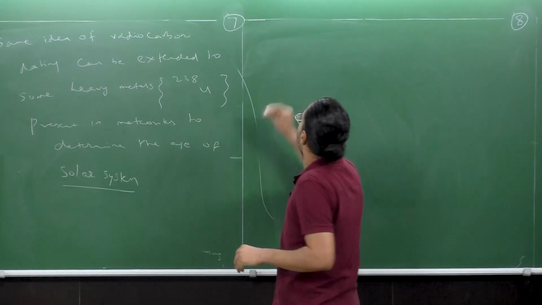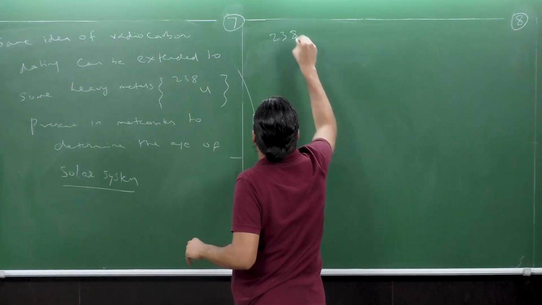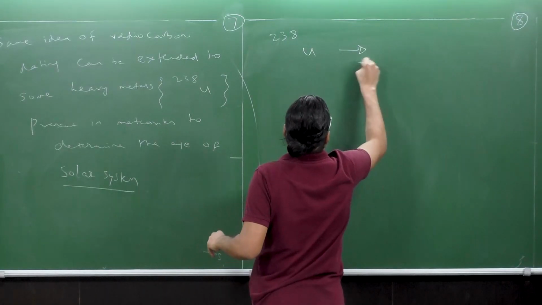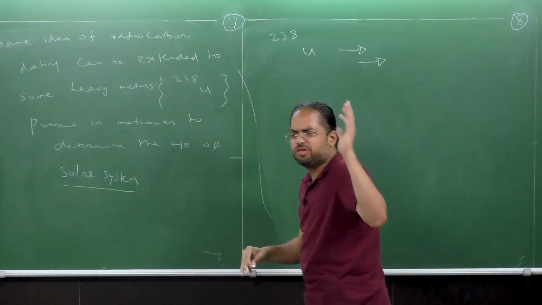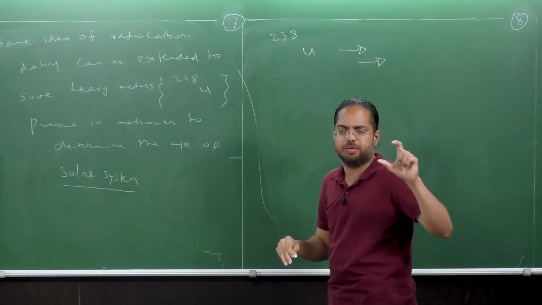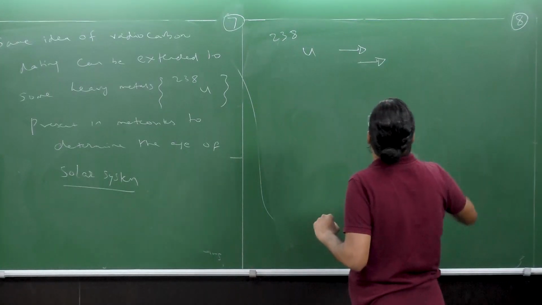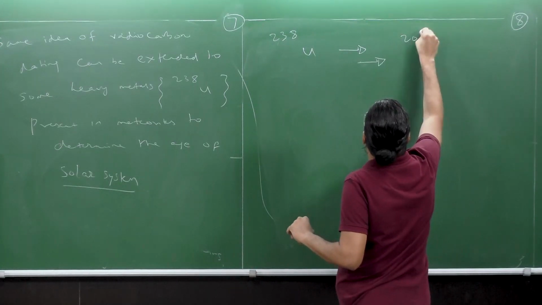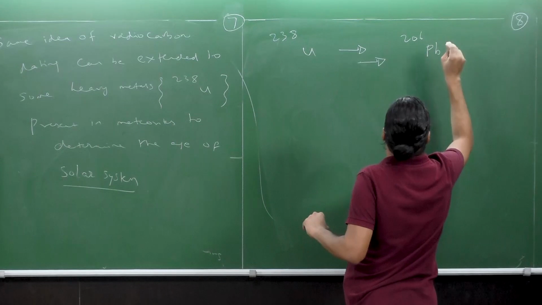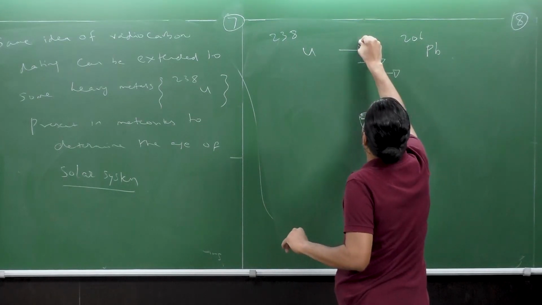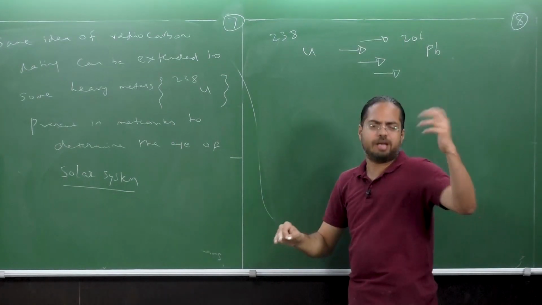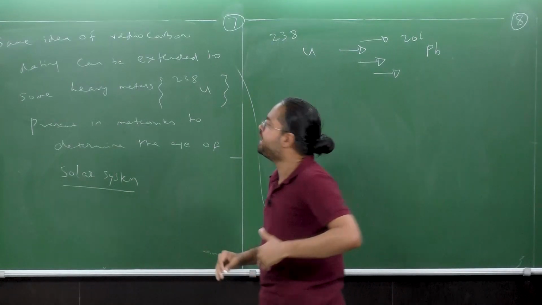It is that your 238 uranium undergoes a sequence of alpha and beta ray emissions to give rise to your 206 lead. I mean, this involves many steps, okay, through a series of alpha and beta decays.